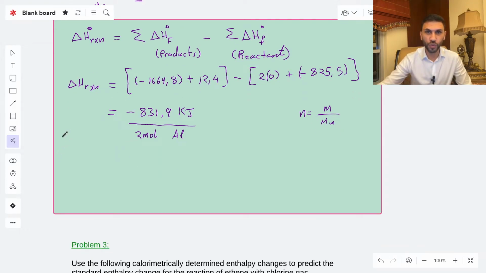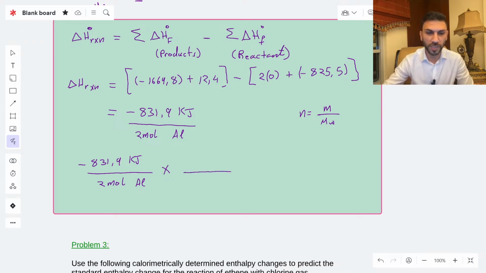So we're going to do the unit cancellation method, which is negative 831.9 kilojoule per 2 moles Al. I need to cancel mole of Al, and I need to find the grams of Al in the denominator.